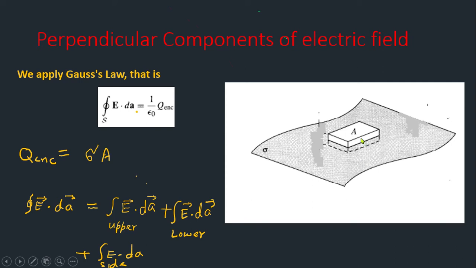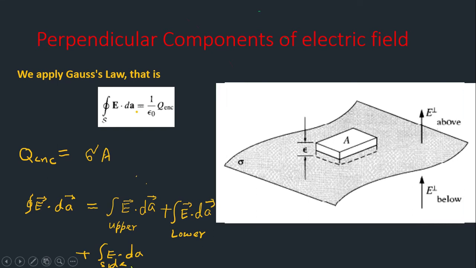For the upper surface, this integral can be written as integral E dot dA, and for the lower surface it is integral E dot dA, and for all the other surfaces, which are the side surfaces, it can be written as integral E dot dA, and then we will find the electric field.